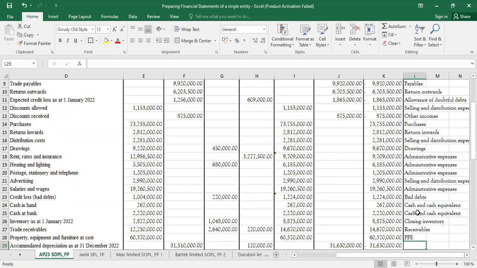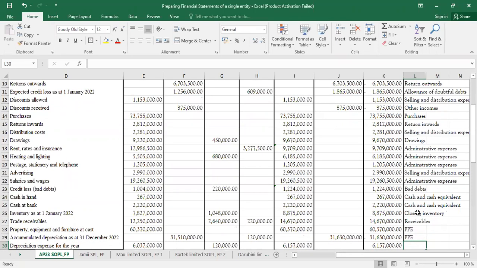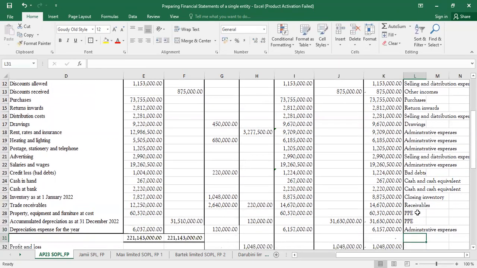PPE. Then this one, remember, accumulated depreciation, I told you, is a contra asset. Meaning, it reduces our PPE, so it will also fall under PPE. Then depreciation expense. You can decide maybe you take it as a depreciation expense or you put it under administrative expenses, isn't it?